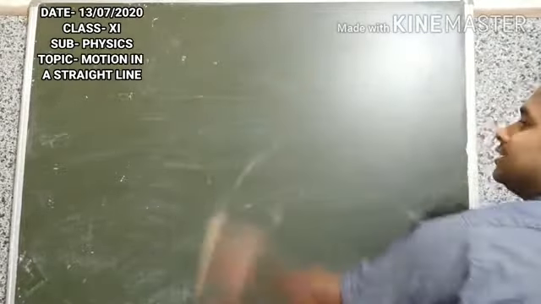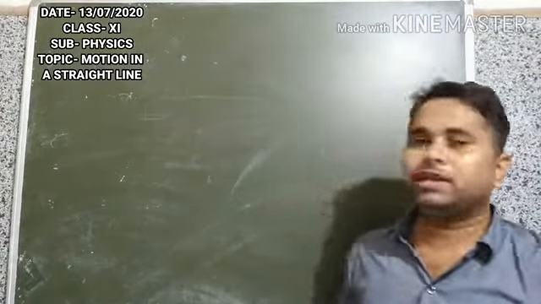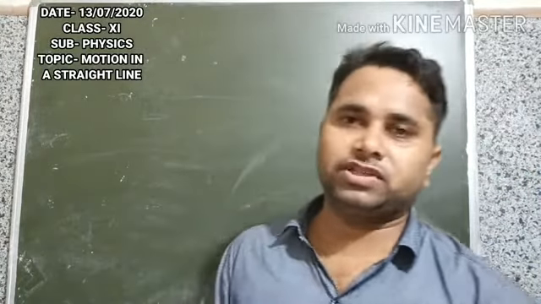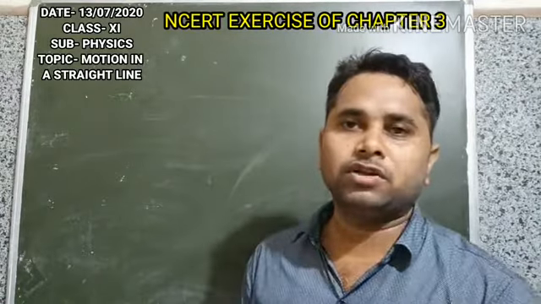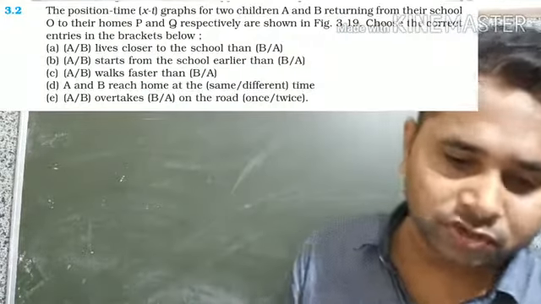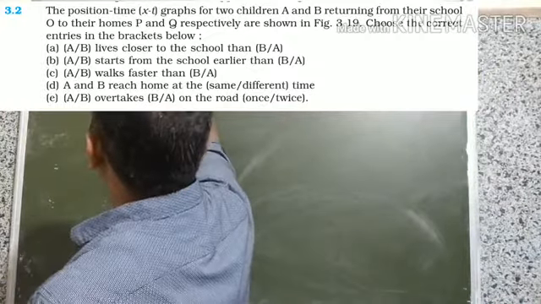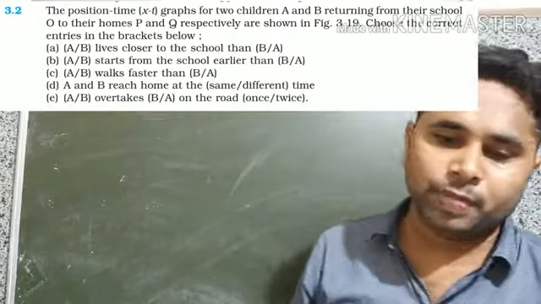So this was the last topic of this chapter number 3, motion in a straight line. Now we have to solve the numericals of the chapter. So we can start from the question number 3.2. Question number 3.2.